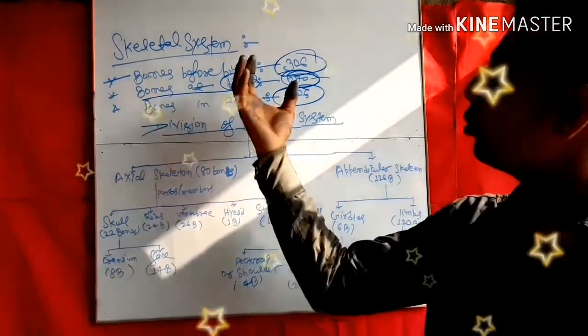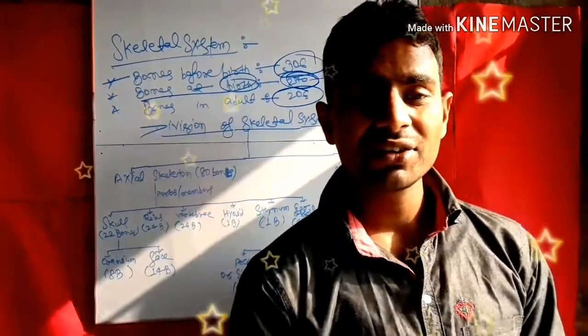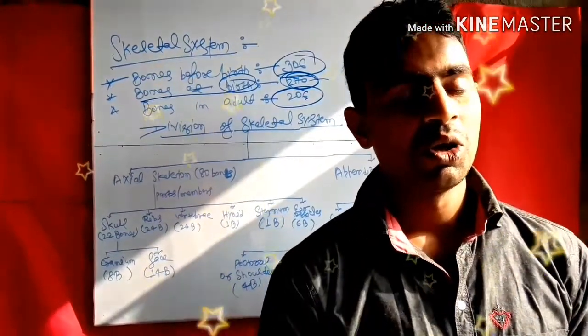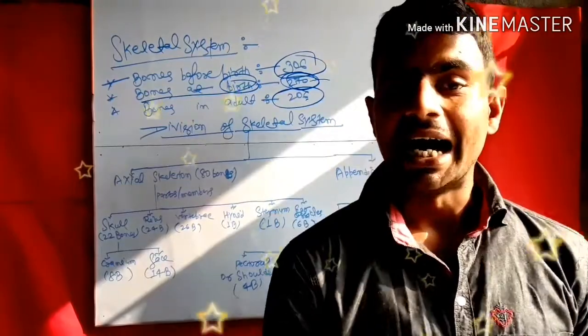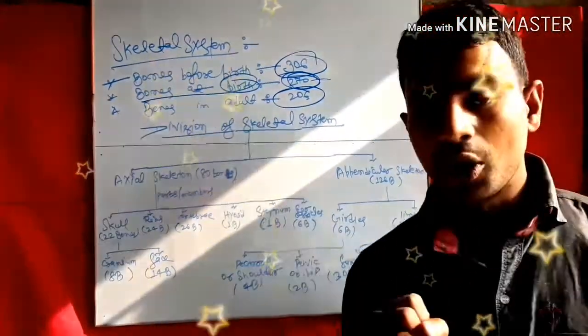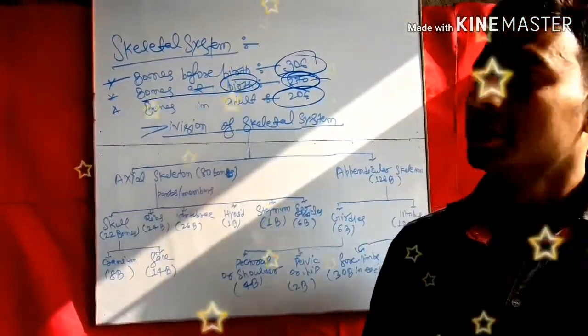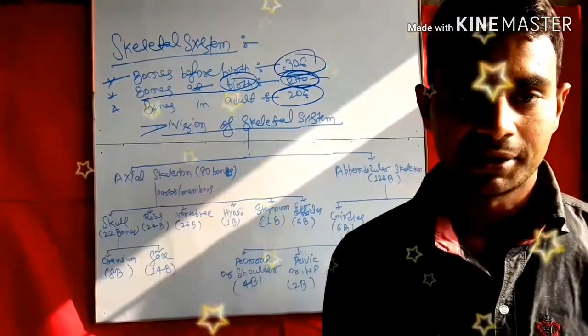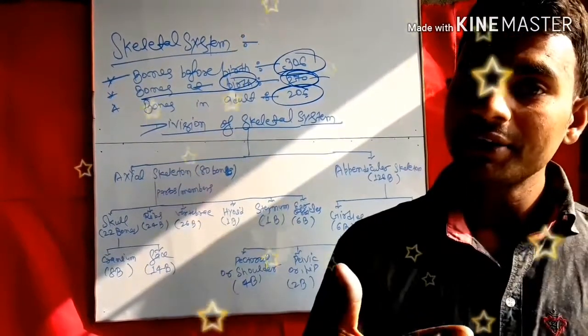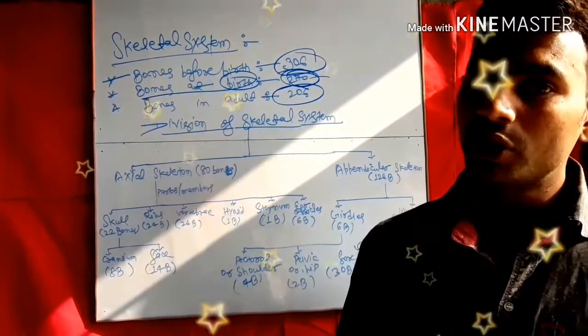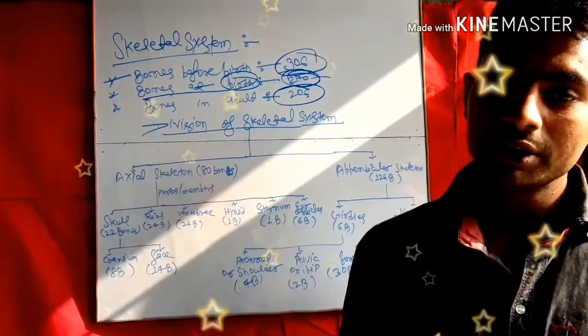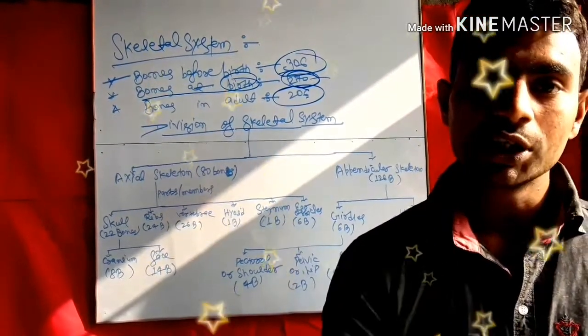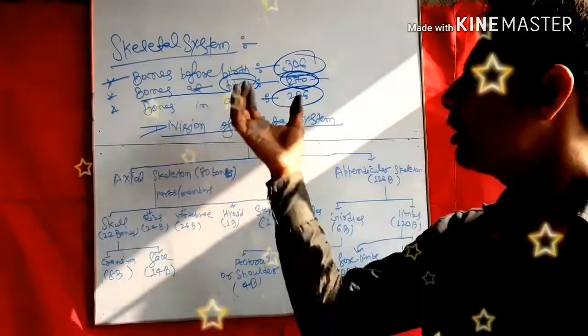But how do the bones decrease? Before birth, the number of bones is 306. But at birth, when you are present on earth from the stomach, the number of bones is 270.